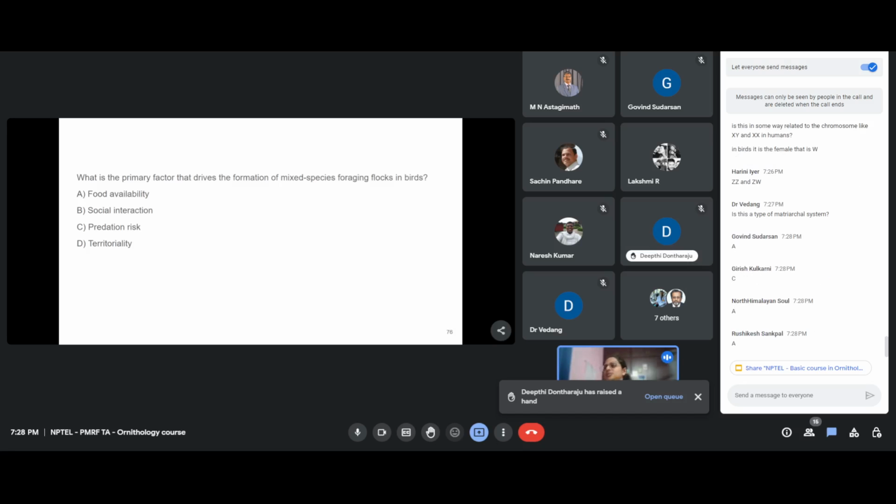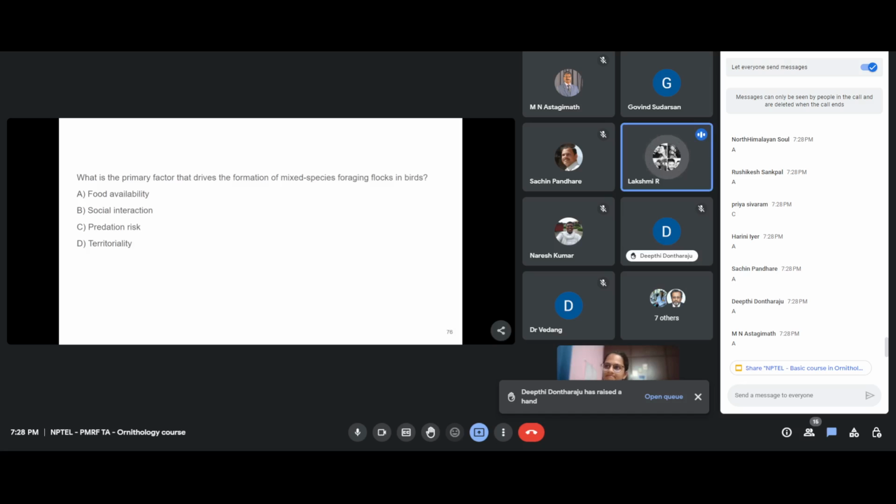A, C, A. Ma'am, doesn't the first two also, not only A, but B and C, are also somewhat related to A? Foraging means food availability, but what's the primary factor? If you had to rank them, primary factor.